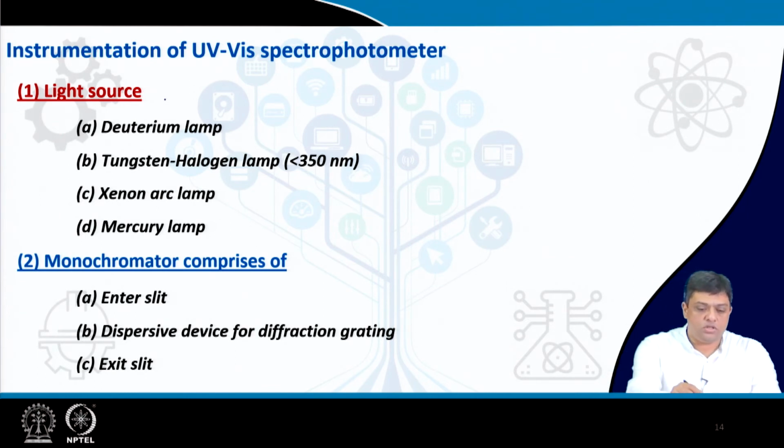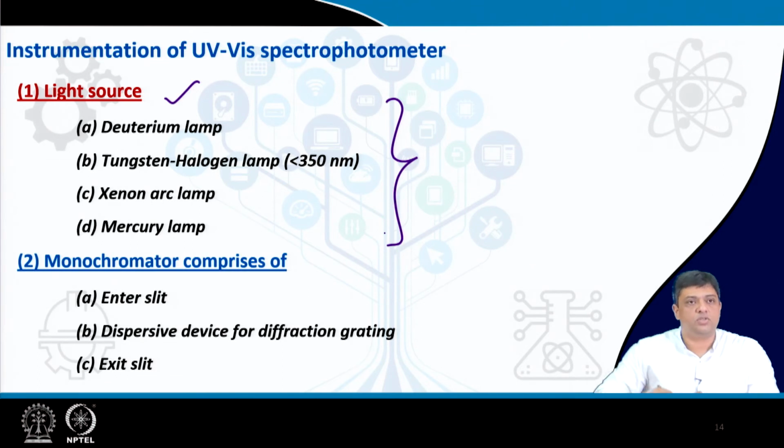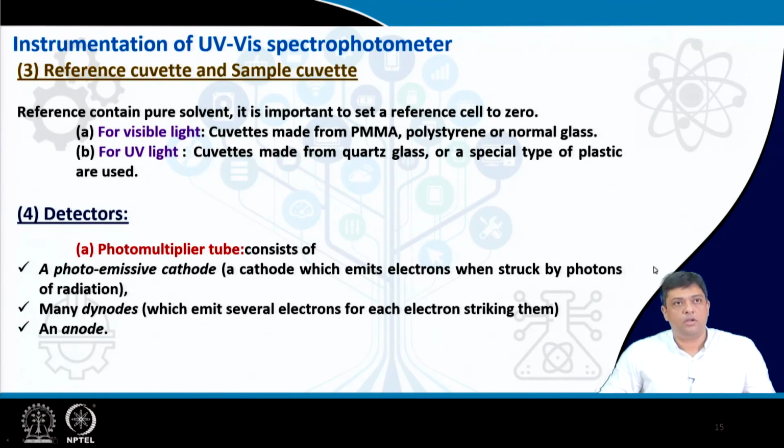So, you have a light source, and you can have different types of light sources. Then you have a monochromator, as discussed earlier, so as to ensure that one wavelength is incident on the sample. In the instrument you have two sample holders, one where you put the reference cuvette and the other where you have the sample cuvette. The reference cuvette has the pure solvent in it.